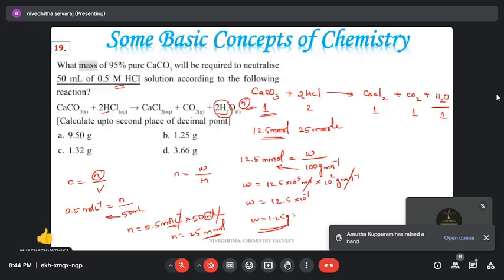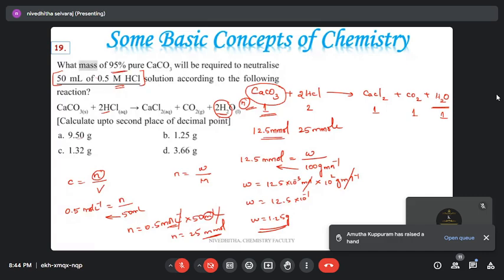Yes, ma'am. So we can conclude that if my calcium carbonate is 100% pure, then I need 1.25 gram of calcium carbonate to neutralize this much quantity of HCl. But the problem is calcium carbonate is not 100% pure. It is just 95% pure.